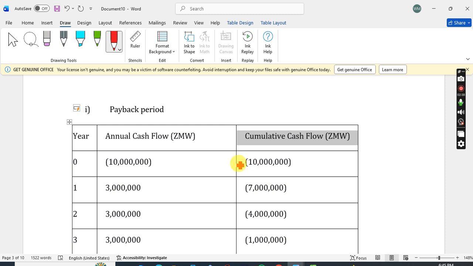Year 1, the first cash flow, 3 million. This is how much you receive in year 1. Negative 10 million plus 3 million, you get negative 7 million.